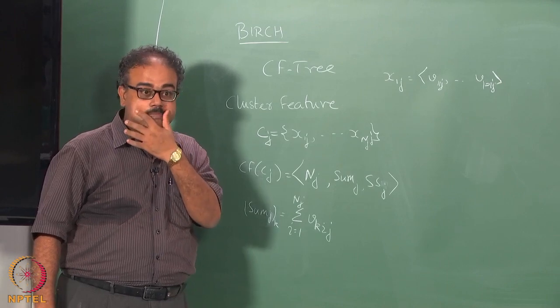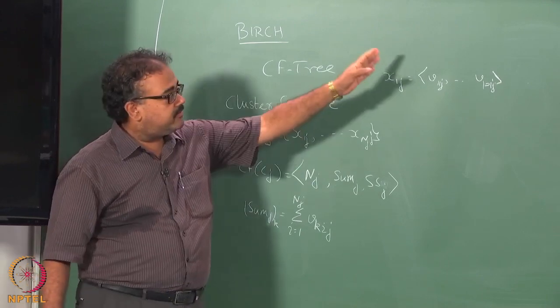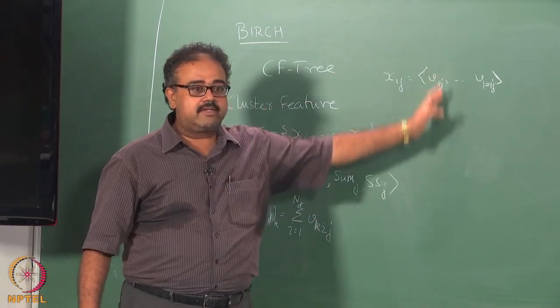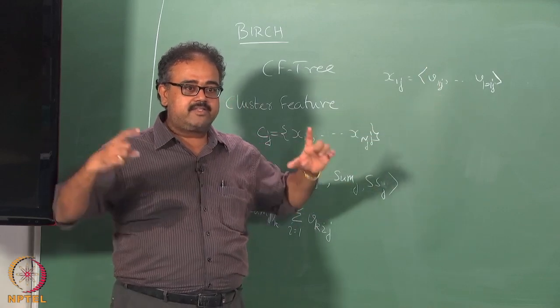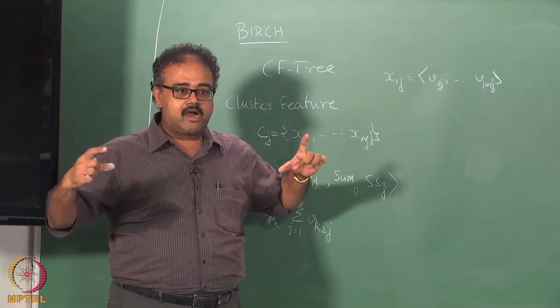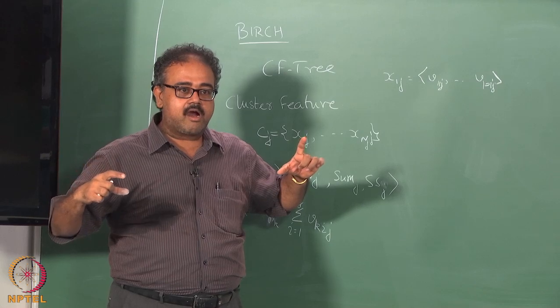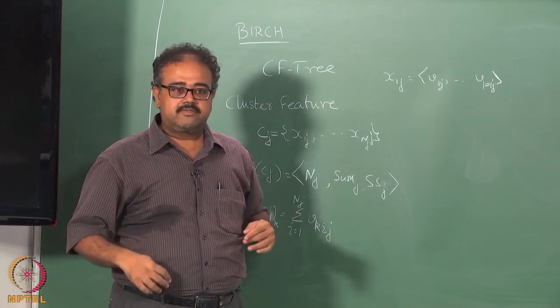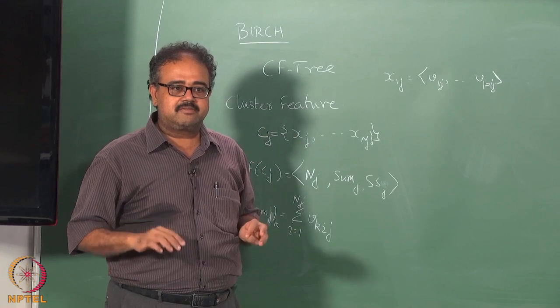So sum j is just essentially the sum of the data points. Sum of the coordinates, individual coordinates. Sum j is a vector. So if we consider data points as vectors, then it's just the sum of the vectors.